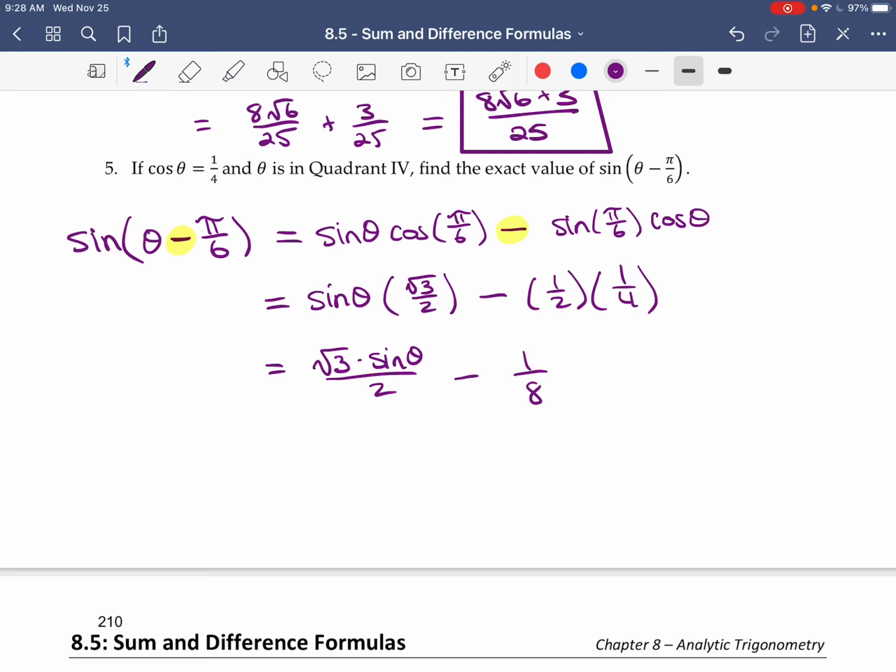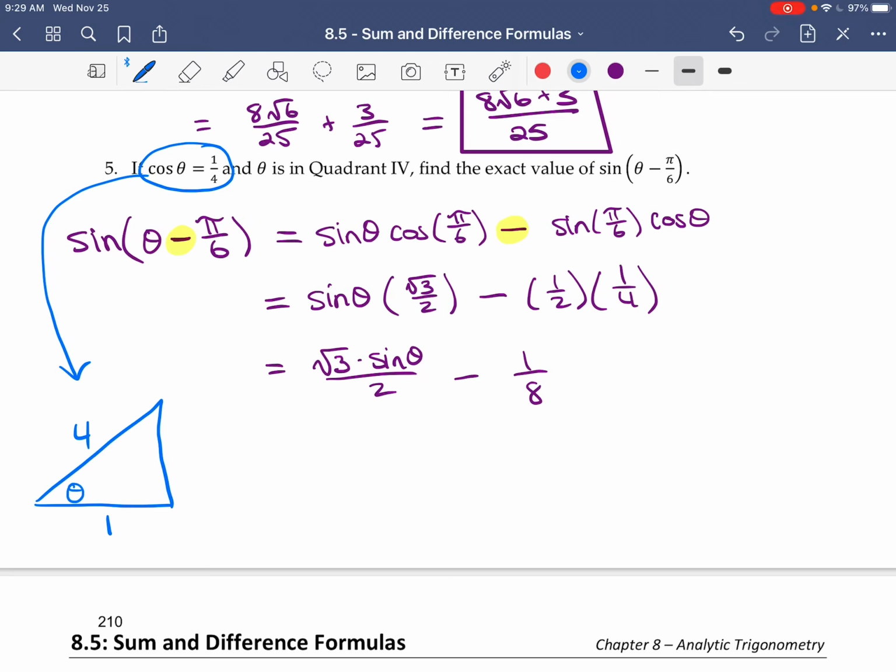So I'm going to use the fact that cosine theta is 1 over 4 and make a triangle. If that's theta, cosine is the adjacent over the hypotenuse.